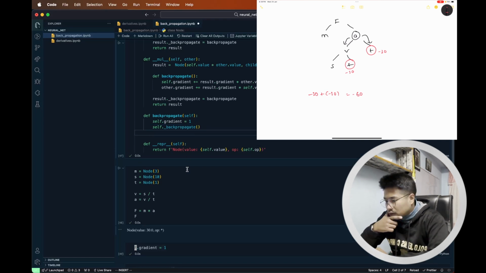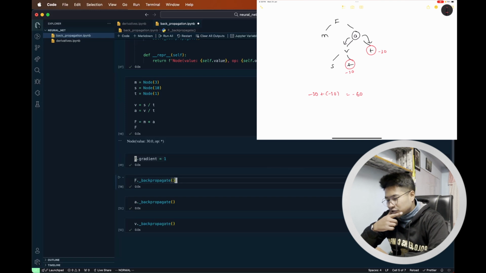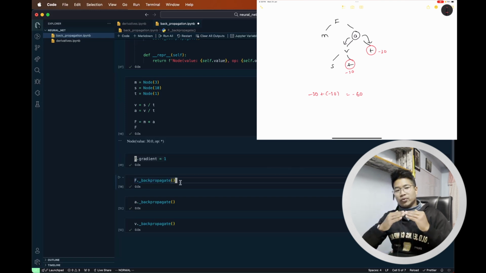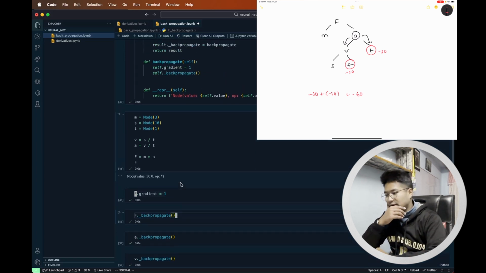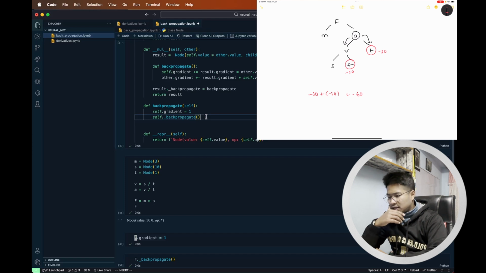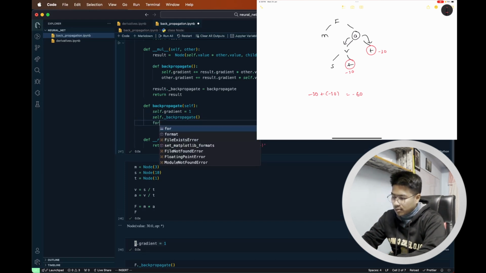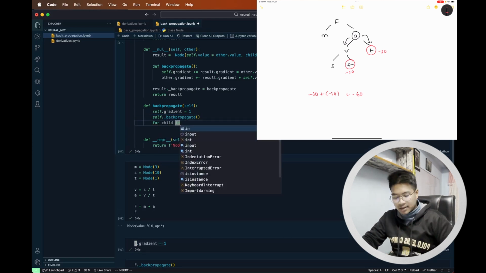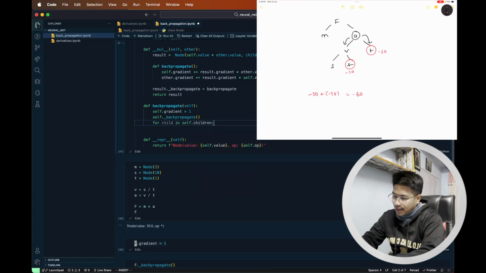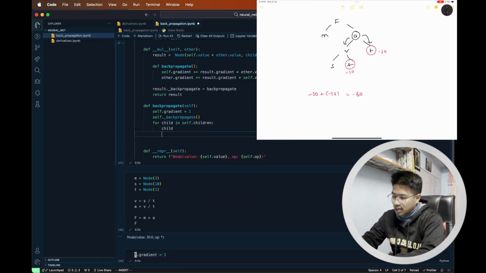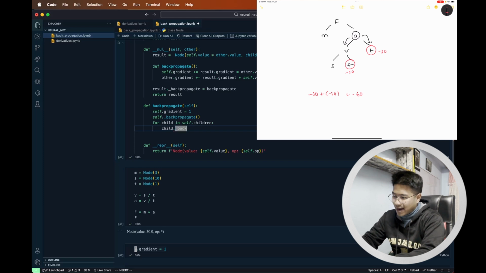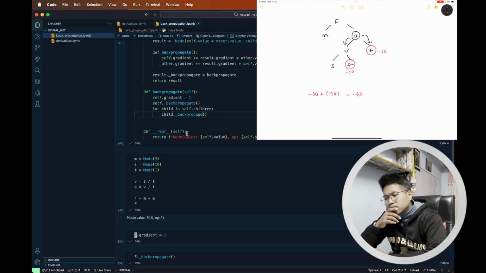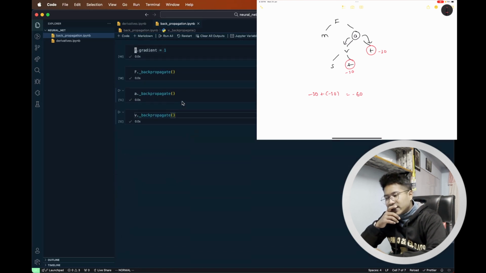And now I want to go into its children and call backpropagate for those children as well. So I should say something like: for child in self.children, I want that child to also do a backpropagate. That makes sense?